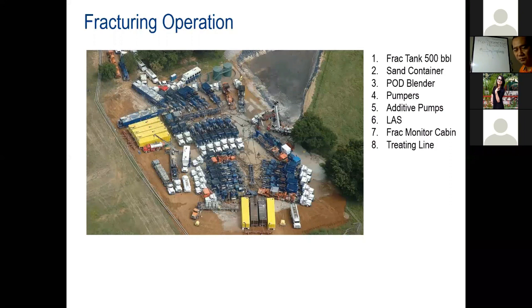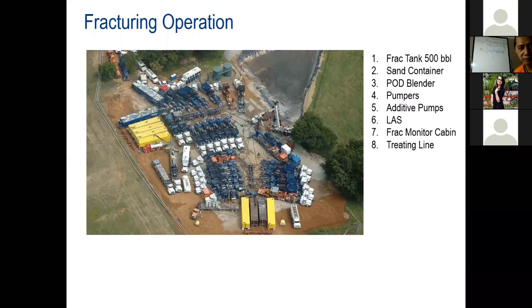Okay, fracturing operation. If you go to the field and see any fracturing operation, this is what you will plus minus see. It's a lot of trucks, units, and equipment going to the field, and a lot of material as well, chemicals and everything.